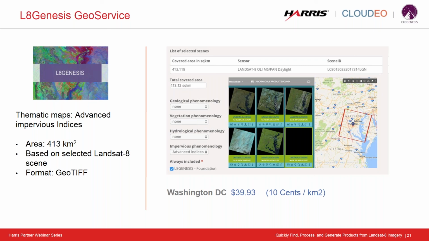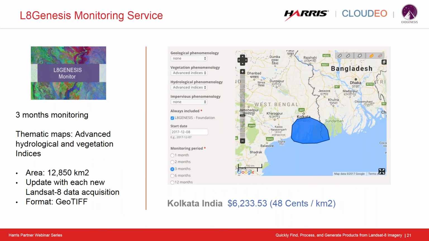So, as I mentioned before, we also have L8Genesis as a monitoring service, which is the last product. In this example, we chose a really big area of interest just to show you. It is a national park close to Calcutta, which covers an area of more than 12,000 square kilometers.